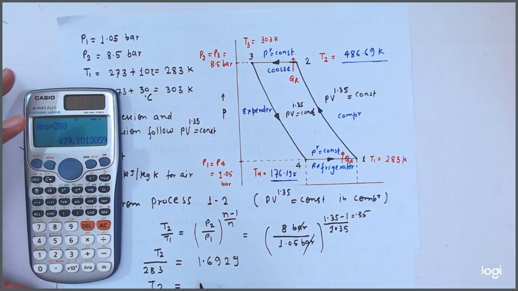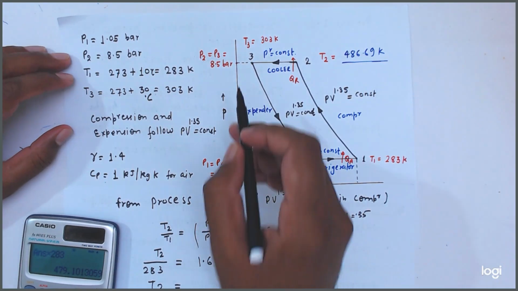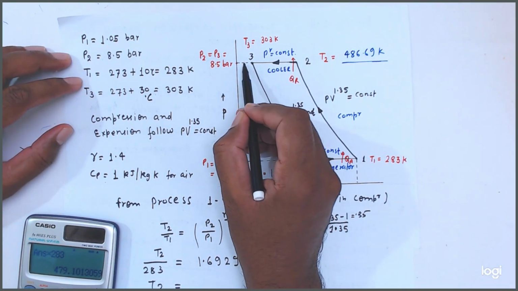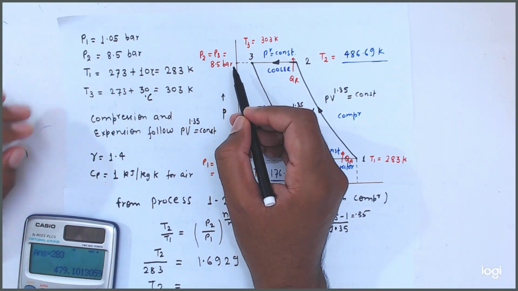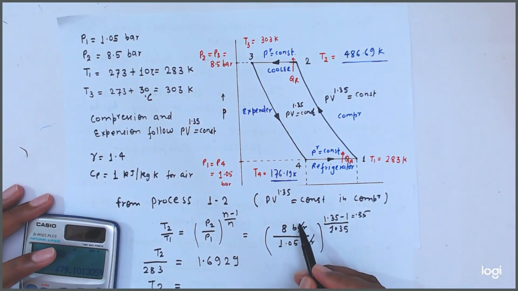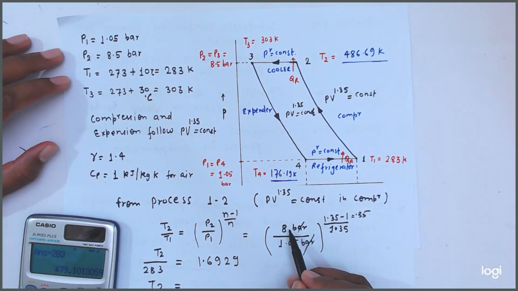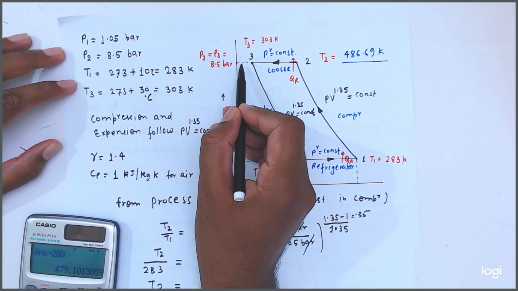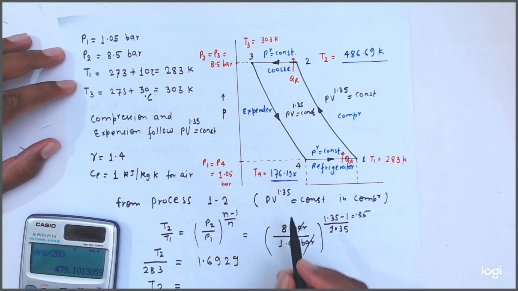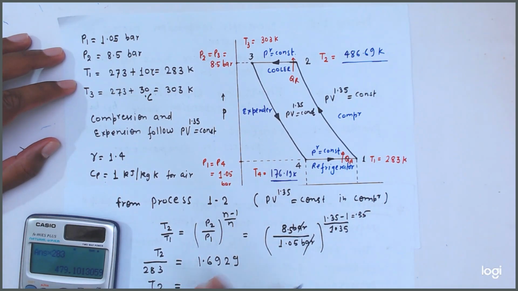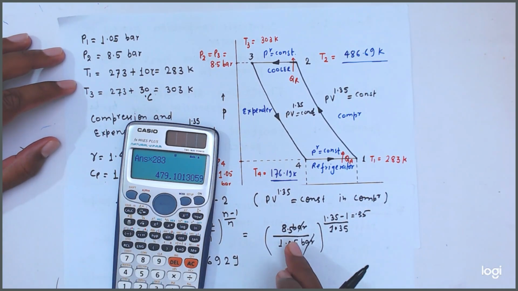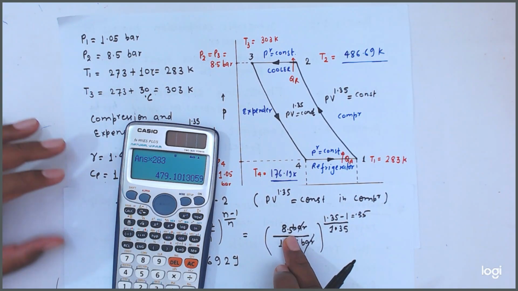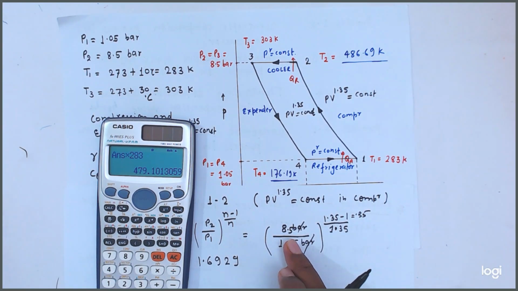Sorry, one mistake has been made by us. Here the pressure is equal to 8.5 bar. I was taking only 8 bar. Sorry for this mistake, just take this pressure as 8.5 bar. Okay, so here a mistake is there, please correct it. I am sorry for the mistake.